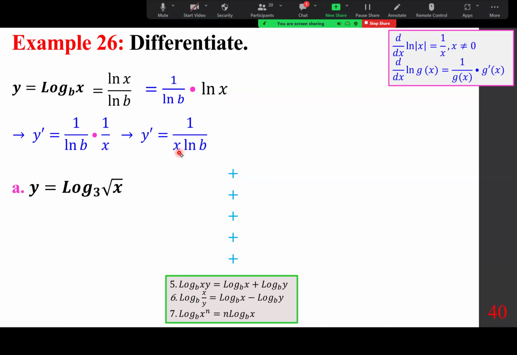So first things first, you write this as x to the power of 1/2.